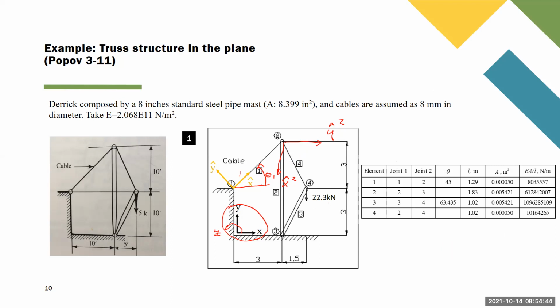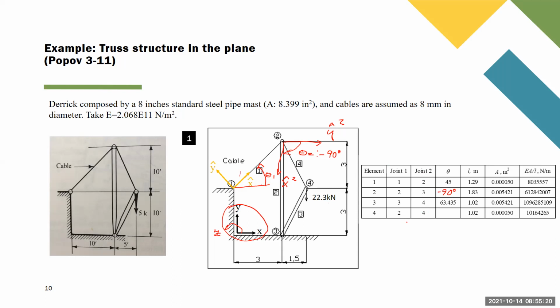Yeah. The local, I'm sorry, the local is defined from the global to the local. So this is theta 2. But this is opposite because it's counterclockwise, I'm sorry, this is clockwise. This is counterclockwise. So this is going to be equal to minus 90 degrees. So here is minus 90 degrees.